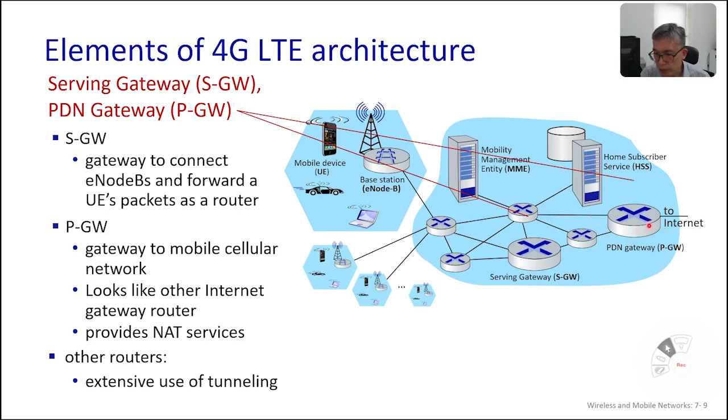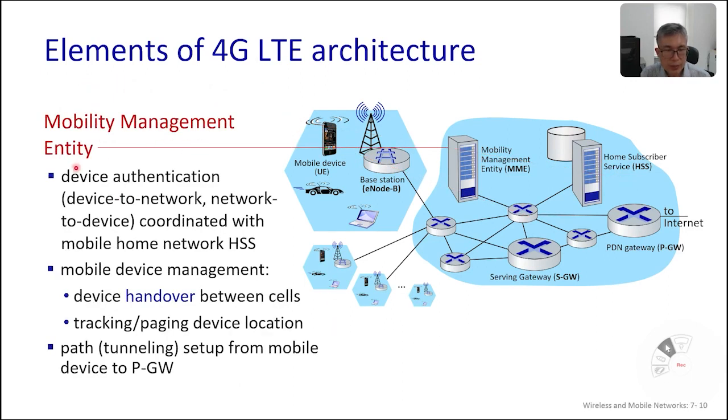The P gateway is connected to the outside internet. The P gateway is the gateway to the mobile cellular network. Like other internet gateway routers, it provides NAT services, network address isolation services for private IP addresses. Eventually, the P gateway is connected to a data network like the internet. Like other routers, it makes extensive use of tunneling.